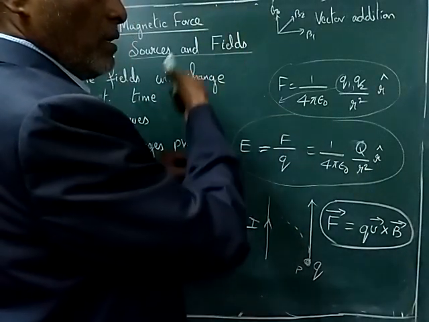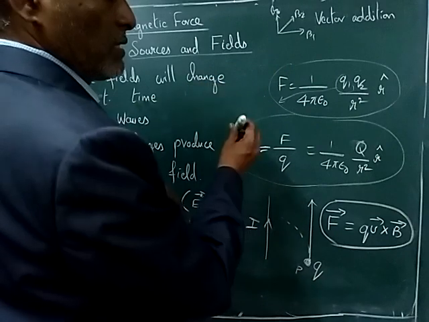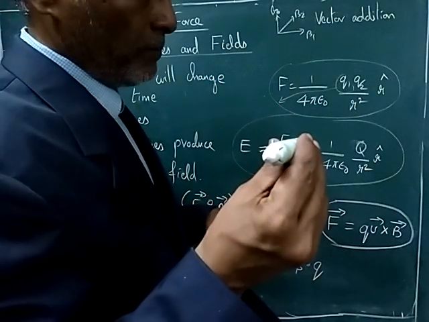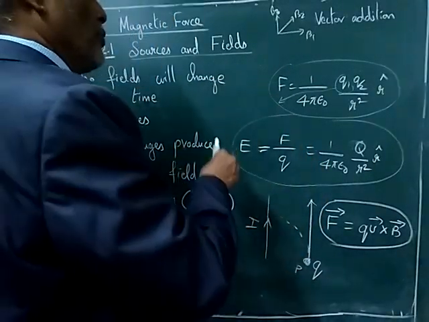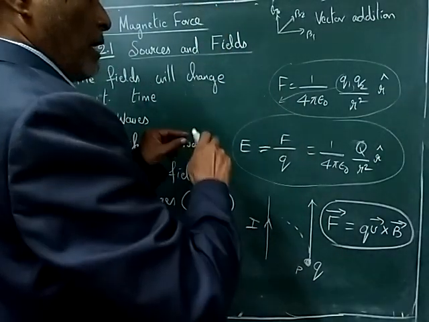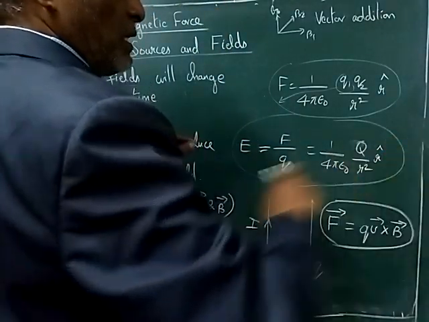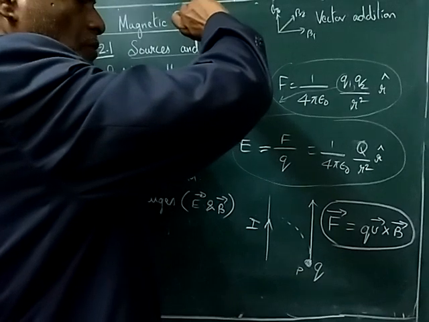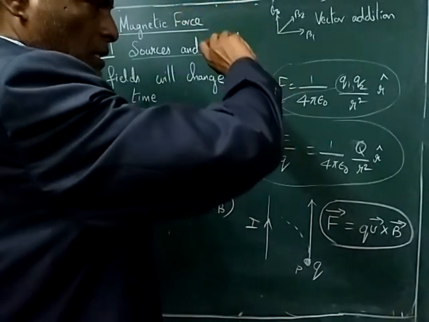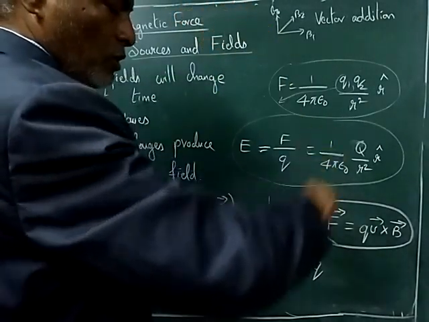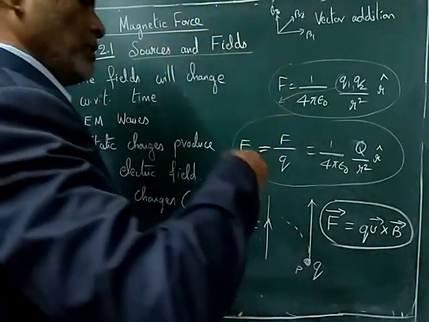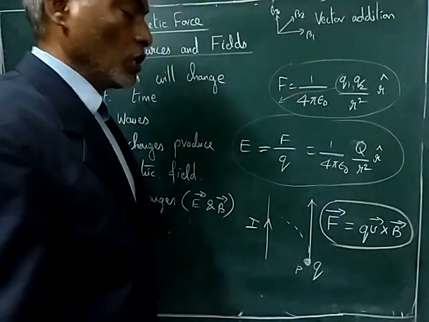V cross B rotates anti-clockwise, so the resultant force will be in this direction. Suppose QV is in this direction and the B vector is in this direction, then QV cross B moves clockwise, that means it goes inside, the screw concept.